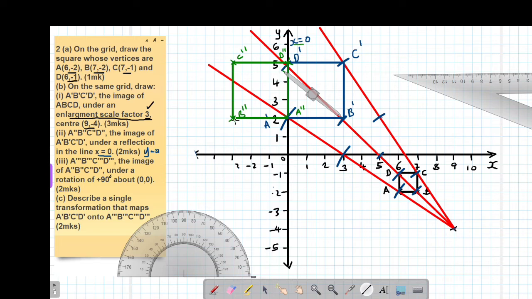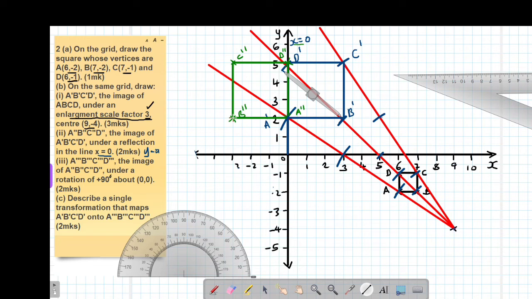So if we need to rotate, we have to connect all the points to the center of rotation, and we are told that the center of rotation in this case is the origin, or the point 0, 0. Therefore, I'm going to connect all points to the center of rotation. Starting with point A, I'm going to connect it to the origin, that is the point 0, 0.